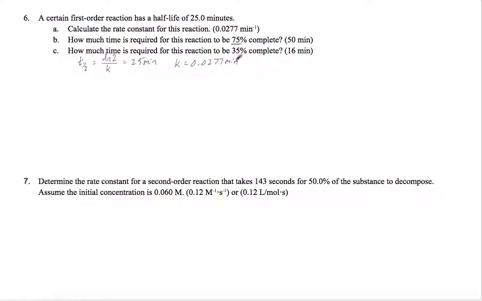minutes to the negative first power. So letter A, do A here, or B, I'm sorry. Here's B, here's A. B, we could do it this way. We have 100% at some time. We have 50% at some time. We have 25% at some time. Now we know that the 100% is at 0, so there's no time passed.